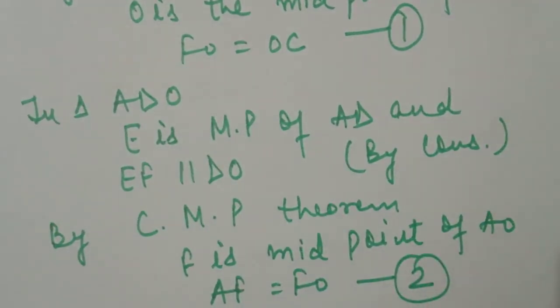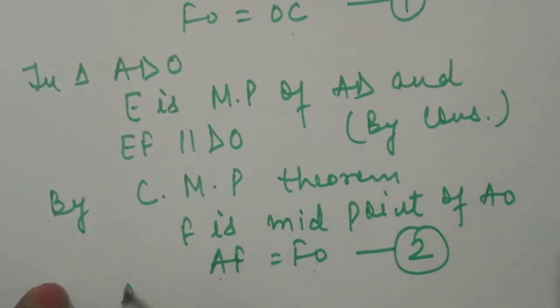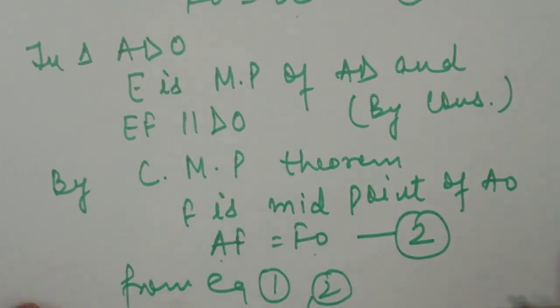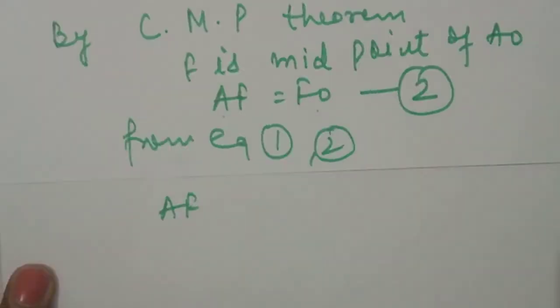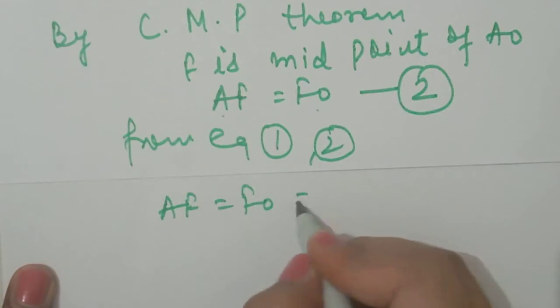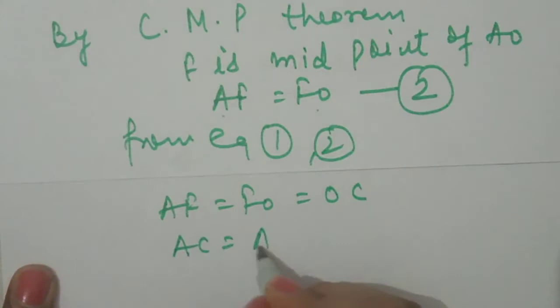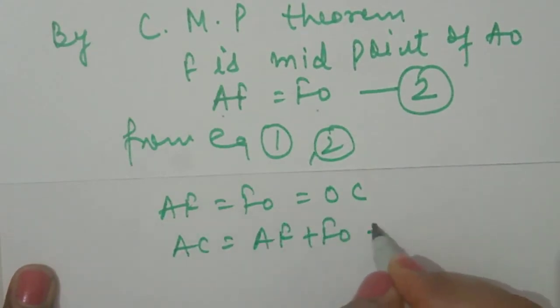From equation number 1 and 2, AF, FO and OC are equal to each other. If all three parts are equal to each other, it means each individual part is 1/3 of the complete line. So how will we write? From equation 1 and 2, AF is equal to OF is equal to OC, and AC is equal to AF plus FO plus OC.